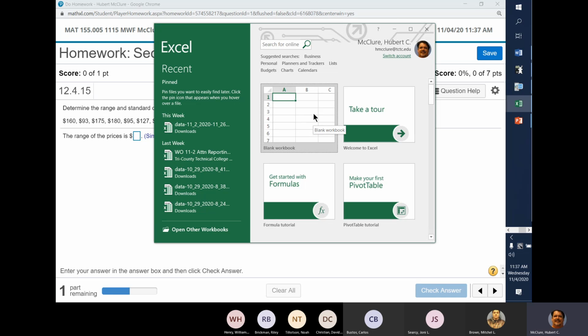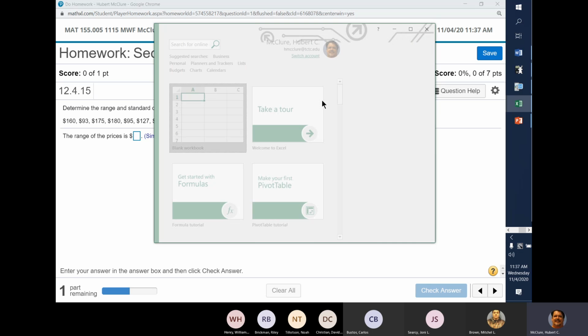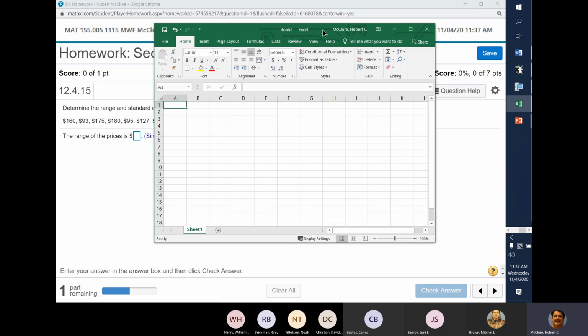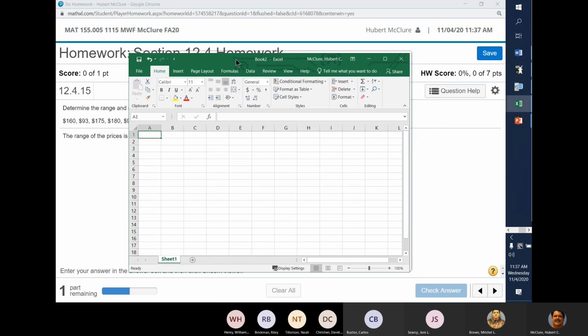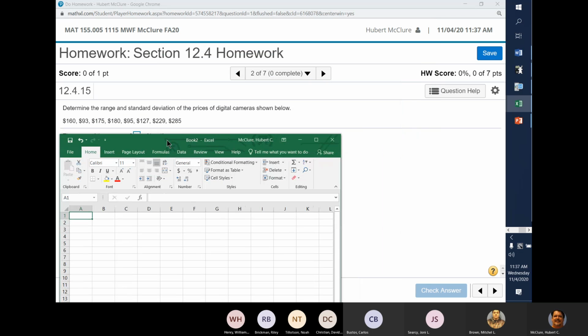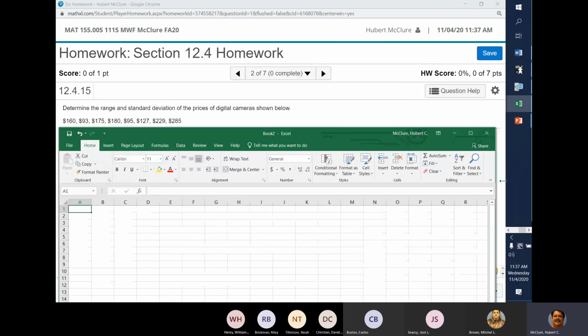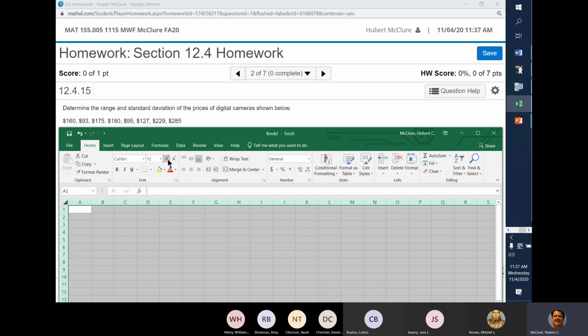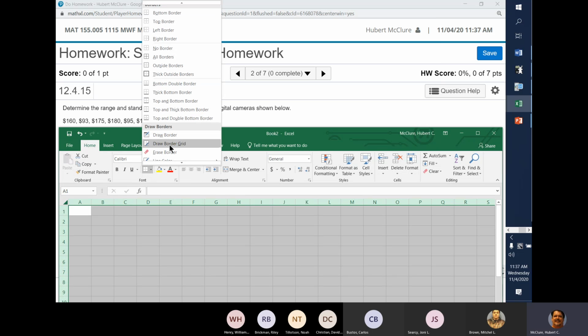I'm not using it because I want you to know how to use Excel. I'm only using Excel as a tool, okay, for the format of this class. Okay, so the first thing I'm going to do is make it a little bit bigger so you can see it better, and make the grids a little bit darker so you can see.